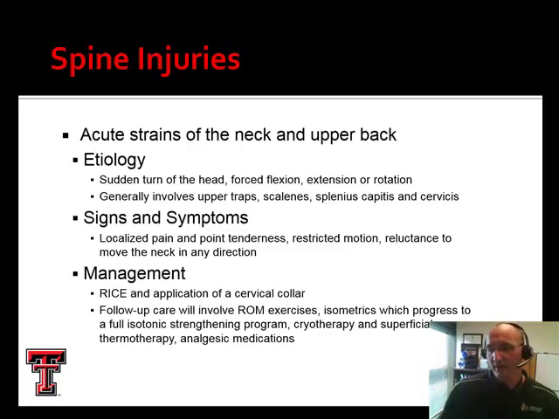We'll start doing rehab with these, general range of motion exercises, isometric activities to try to reactivate the musculature, and then progress that to full isotonic strengthening. We can use cryotherapy, ice cups, superficial heat, ultrasound, hydrocollator packs, moist hot packs, and pain medications.